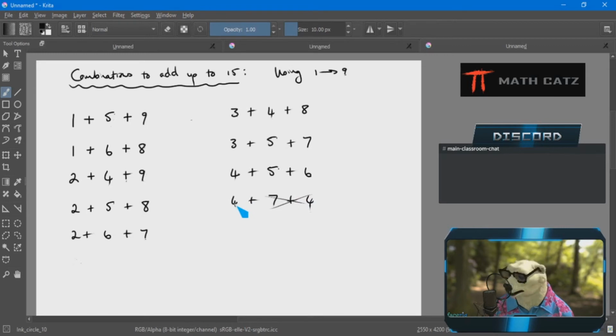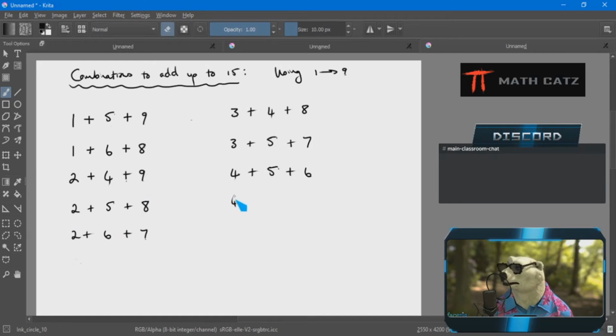I only have one 4, so that doesn't work. 4 plus 8 I already have. 4 plus 9 I already have. So those are all the options, all the new ones, starting with a 4.